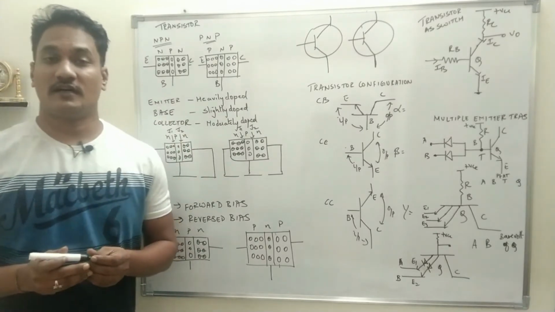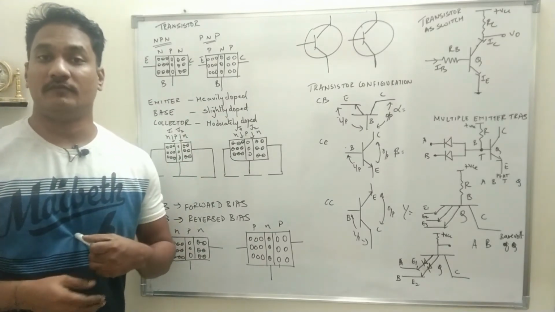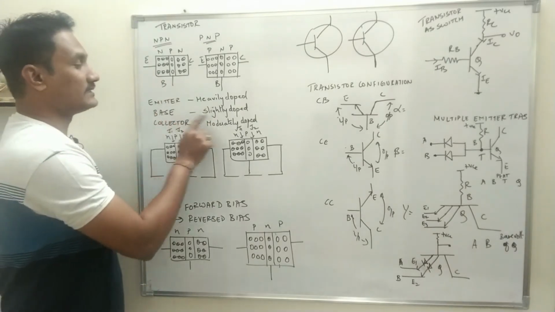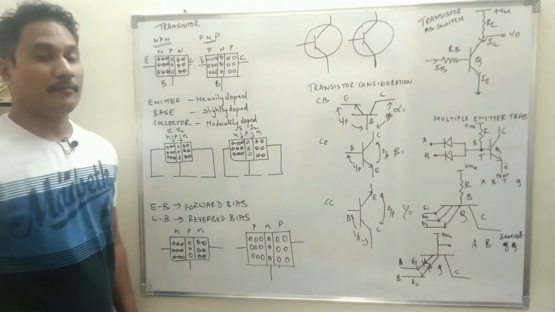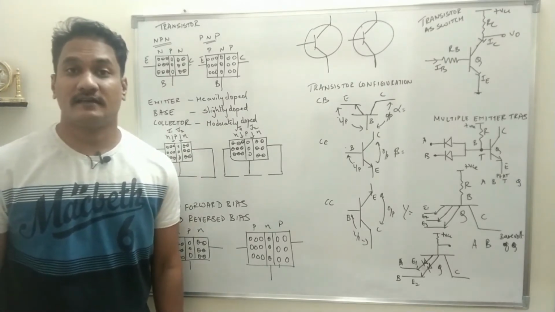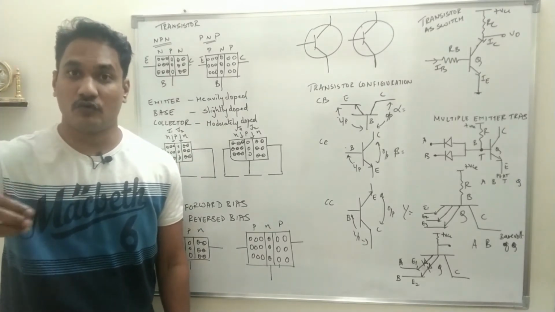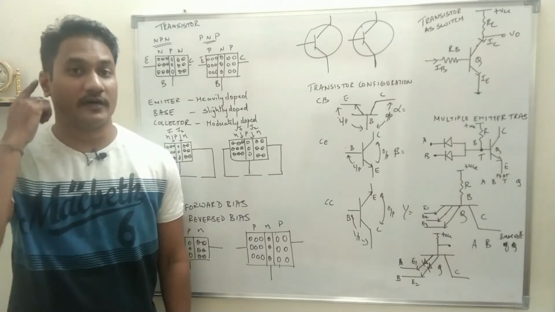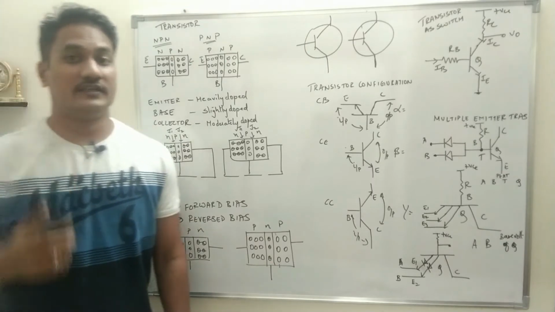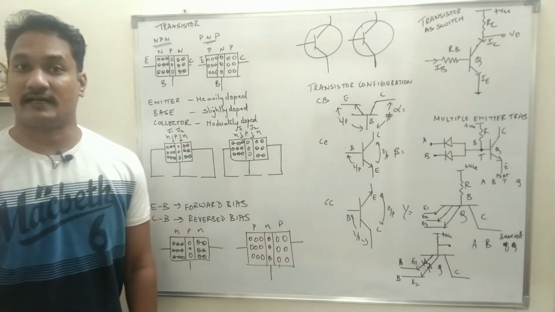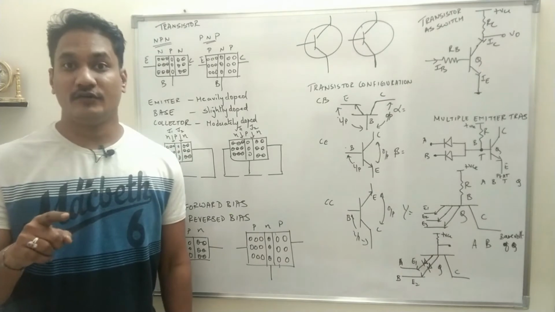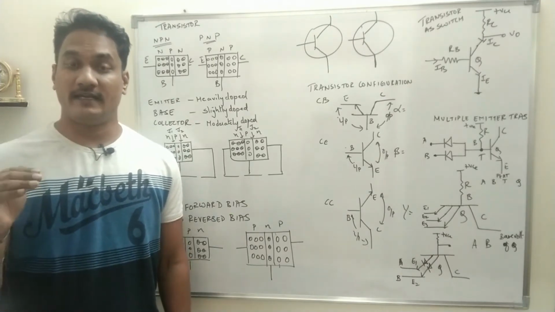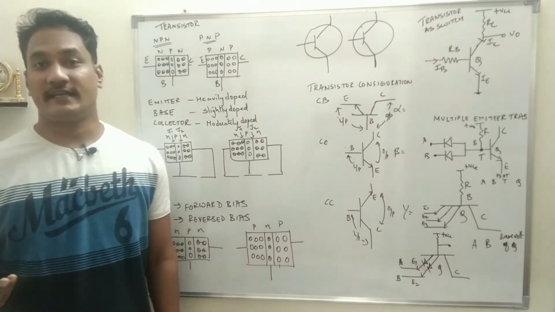Now when you add impurity to form the regions, the emitter should be heavily doped, the base should be slightly doped, and the collector should be moderately doped. Doping means adding impurity. The more impurity you add, the more charge carriers will be produced. If you remember, to form a PN junction we made P-type and N-type semiconductor. When you dope trivalent impurity, you get P-type semiconductor. When you dope pentavalent impurity, you get N-type semiconductor.